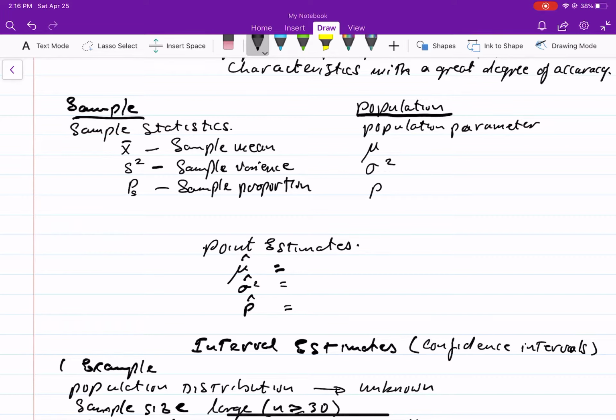You would remember that each one of those quantities has an equivalent notation in a population. When you're talking about the mean for a population, the symbol is mu. That's referred to as the population mean. When you're talking about the variance for a population, that's the population variance.